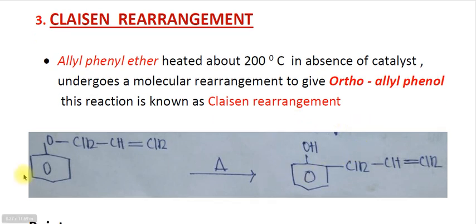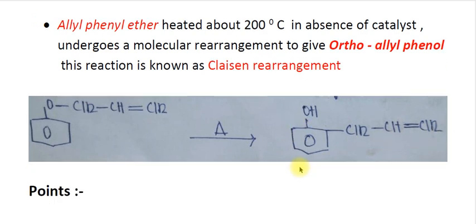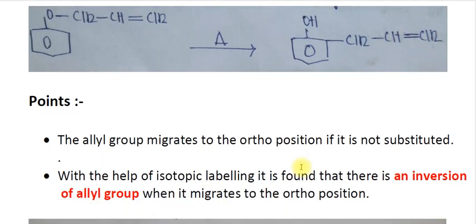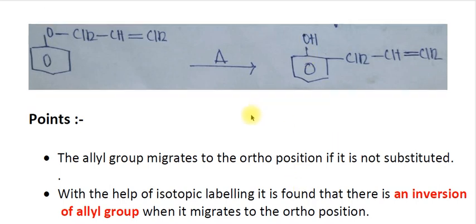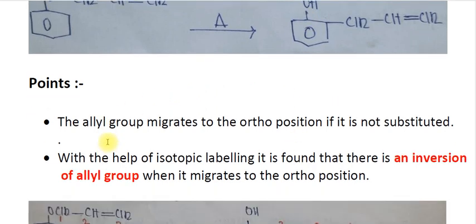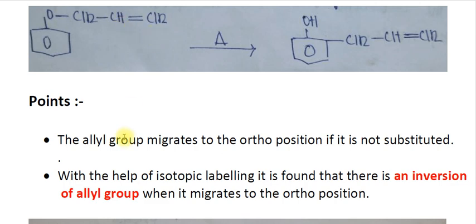This is our allyl phenyl ether, and if it is heated, the ortho position is substituted, giving ortho-allyl phenol. So the main point of this reaction is that the allyl group migrates to the ortho position if it is not substituted.